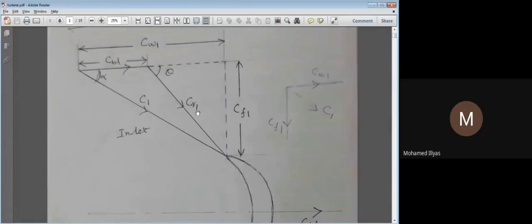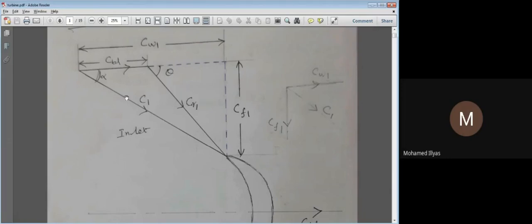Relative means something is compared with another. That means the velocity of the steam with respect to the moving blade. That only we'll call relative. The word relative is used here. That's why it is called relative velocity. So technically, this is nothing but the resultant of these two velocities. So this theta is nothing but the blade inlet angle. So alpha is the steam striking angle, and theta is the blade inlet angle here.